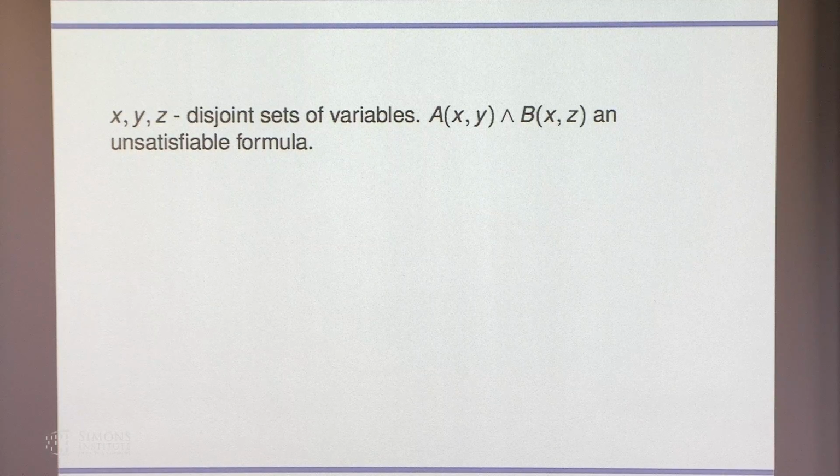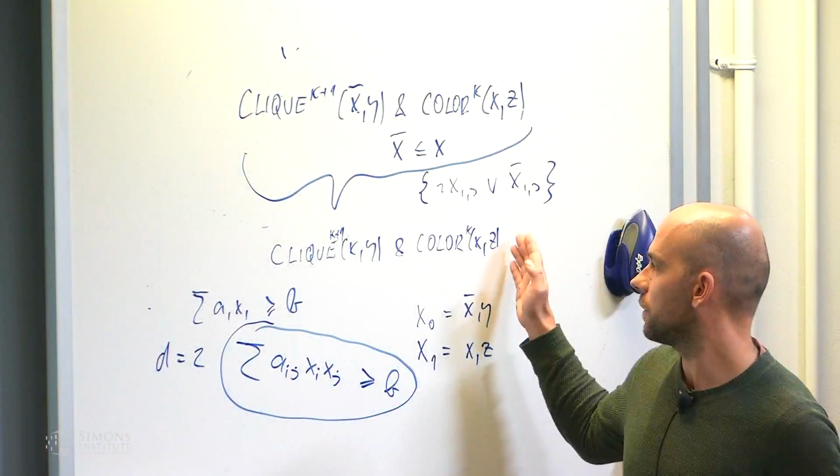So we had a clique formula which says that the graph represented by x has a clique, and a coloring formula which says that the graph represented by x has a coloring.